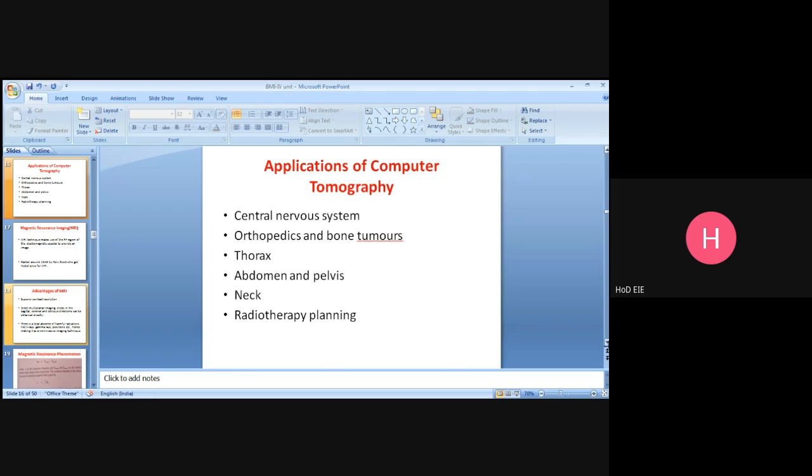Okay, then coming to the abdomen as well as the pelvis. So the CT imaging produces an enlarged image. Okay, and it is also used as a diagnostic tool for percutaneous nephrostomy, as well as biliary drainage. So you're making use of CT guided fine needle aspiration for cytology, even in inaccessible parts also.